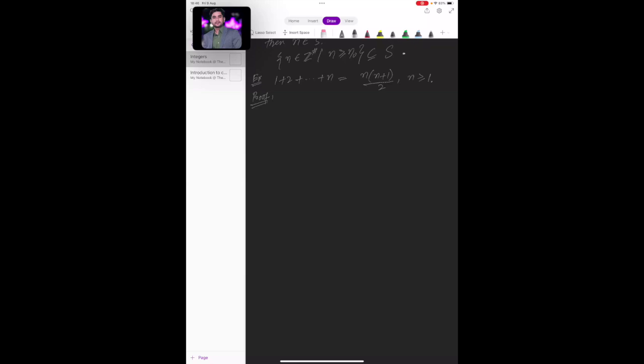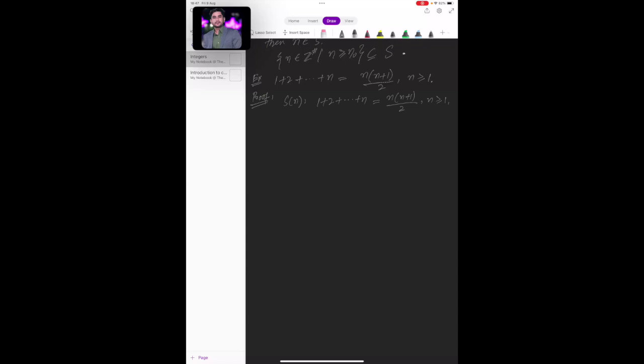Let's denote this by S of n: 1 plus 2 plus up to n is n into n plus 1 over 2, where n is greater than or equal to 1. This statement will be true if the left-hand side is equal to the right-hand side.